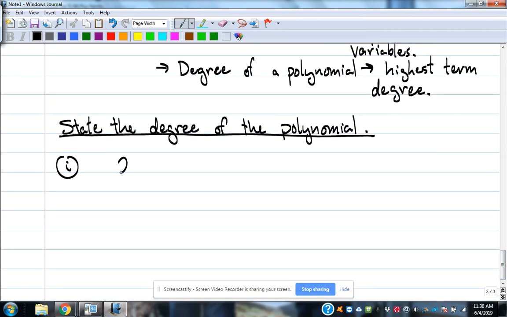Here's a polynomial: 2x squared plus 5x y to the third minus 6x. Okay. So how many terms does this polynomial have? 3. There are 3 pieces that are separated by addition and subtraction. First piece is 2x squared. Second piece is 5x y to the third. The third piece is the 6x.